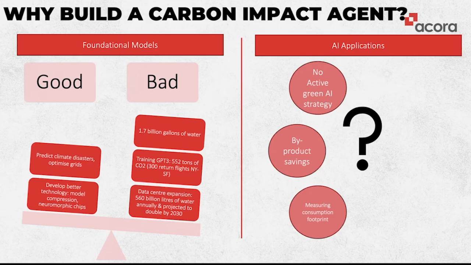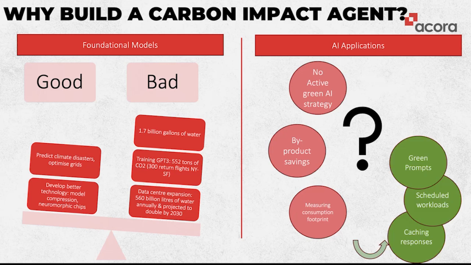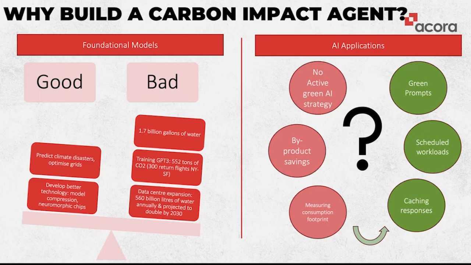And the savings from an energy perspective are typically a byproduct of incidental decision making, like choosing a smaller model that's maybe a bit cheaper. But if we were to even just measure the consumption footprint from inference and from developing these solutions, we might be able to start putting together some really effective remediation steps.